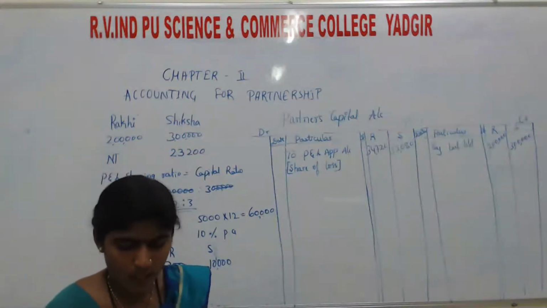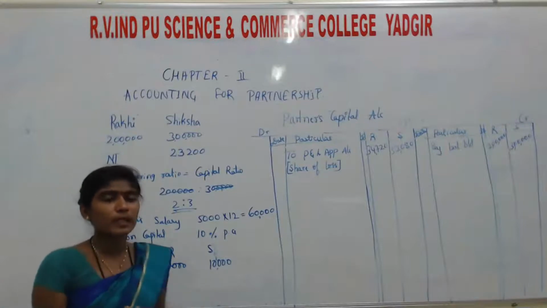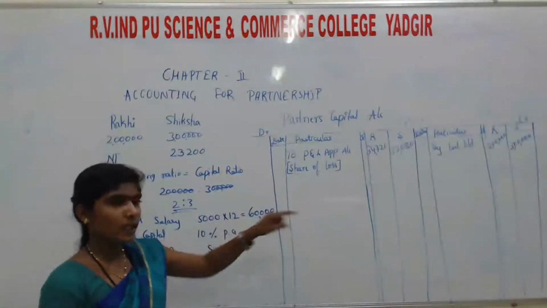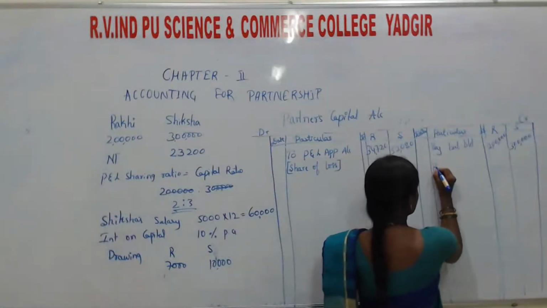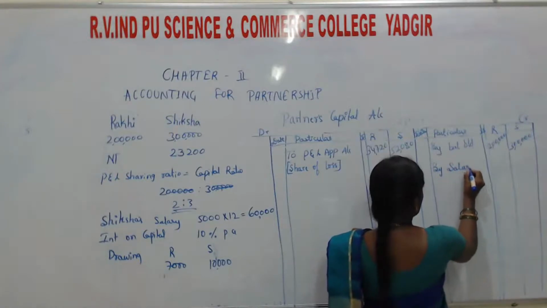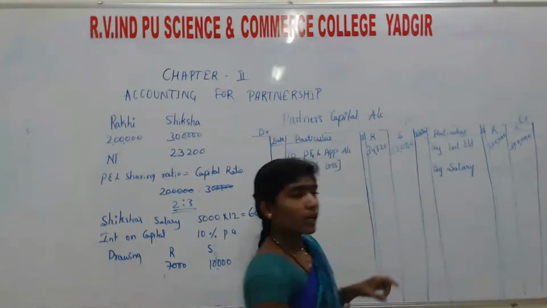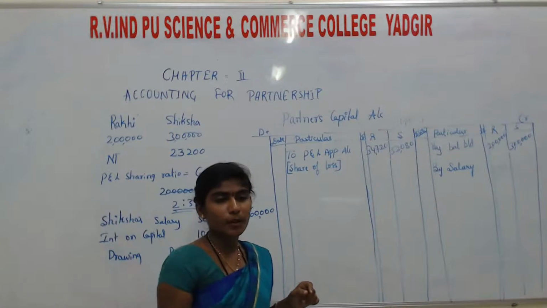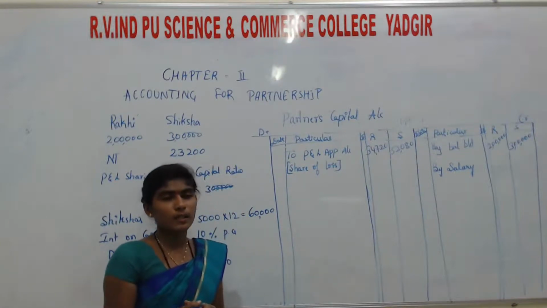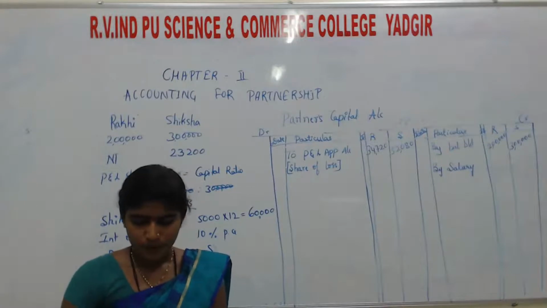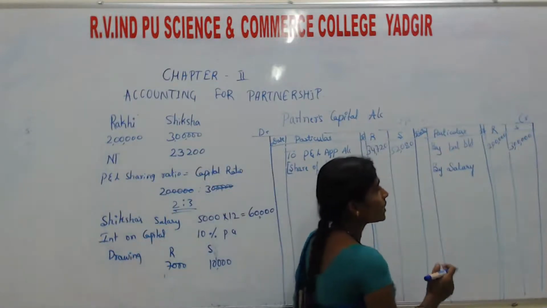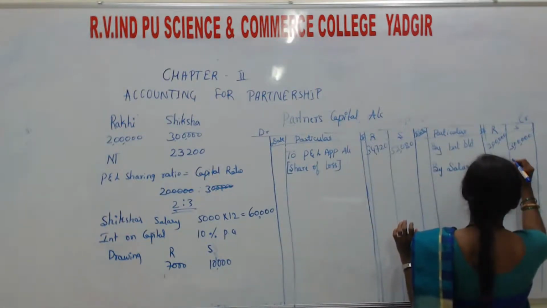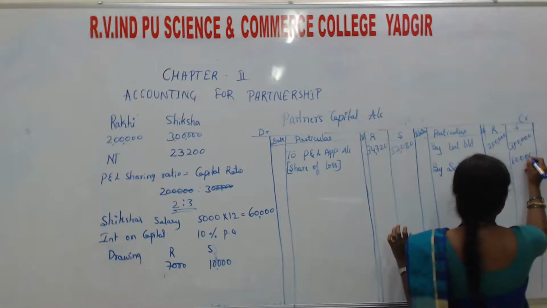So Shiksha's salary for a firm is an expense, but for a partner, that is income. So income means credit side, by salary. Whose salary? Shiksha's salary. So 5,000 per month means for 1 year, that is 60,000. So for Shiksha's column, you have to enter the amount 60,000.